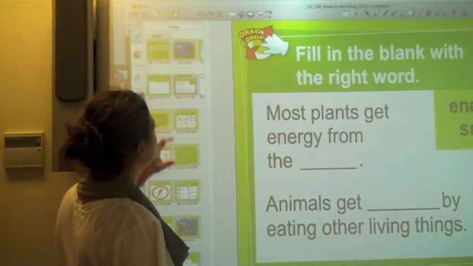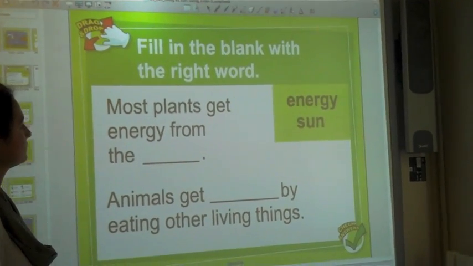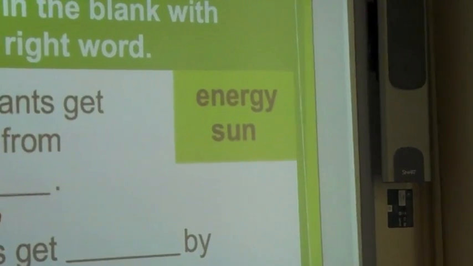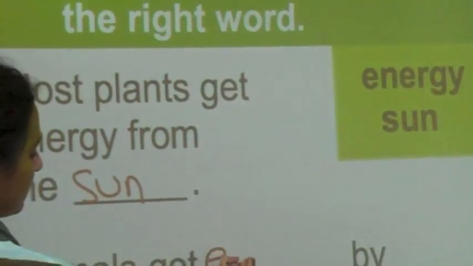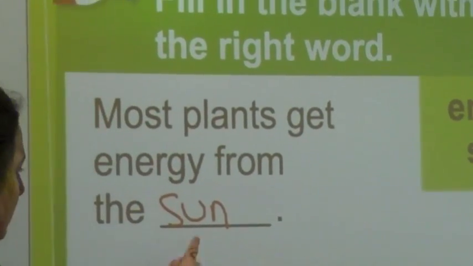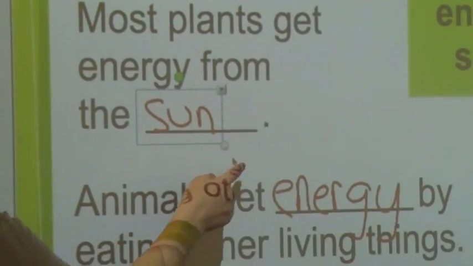Now we're going to fill in the blank with the right word. Most plants get energy from the blank, and our two words in the word box are energy and sun. Most plants get energy from the sun. Now we're going to do a drop down.